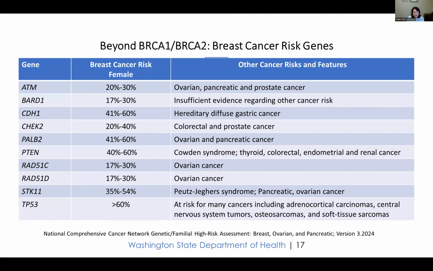Just to show now that when we are looking at hereditary breast cancer risk, for instance, we typically will use a panel of genes looking at multiple genes that have been associated with hereditary breast cancer risk. But again, these same genes that are connected to breast cancer risk are also associated with other types of cancer risks, and it really varies from gene to gene, as does the overall lifetime risk for breast cancer associated with these genes.